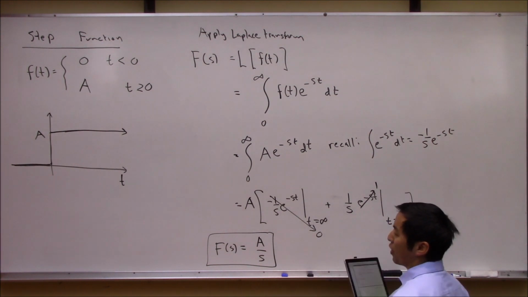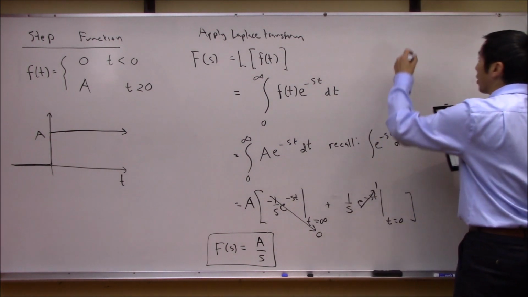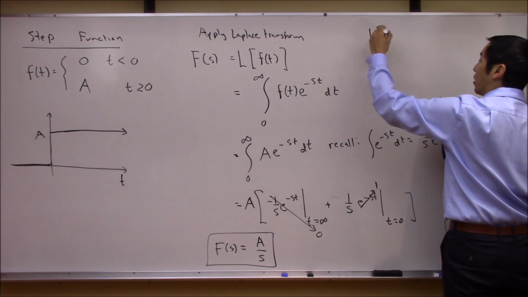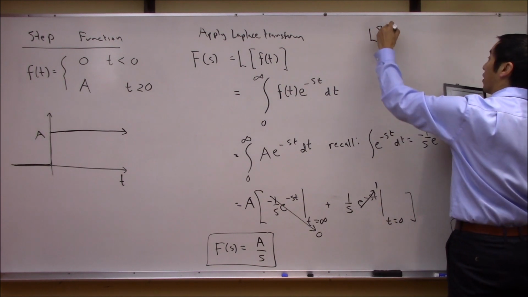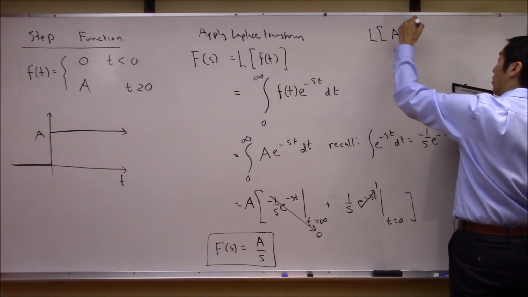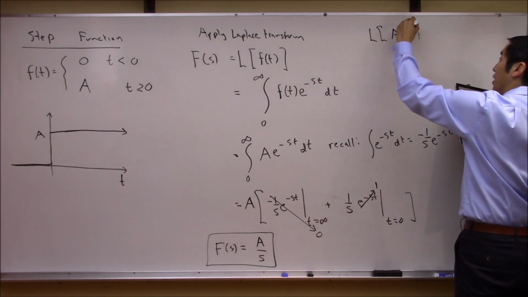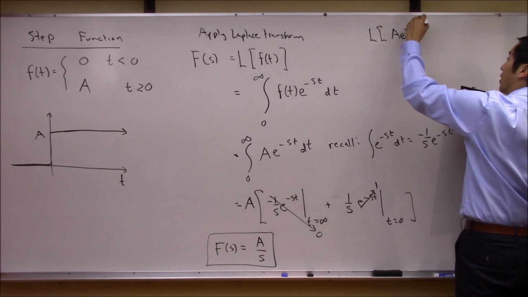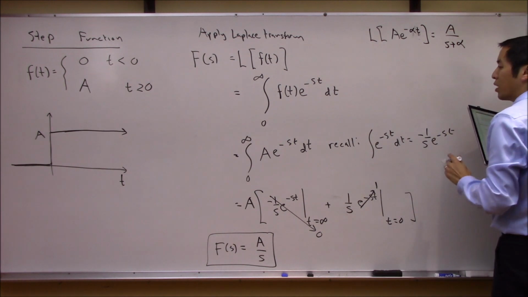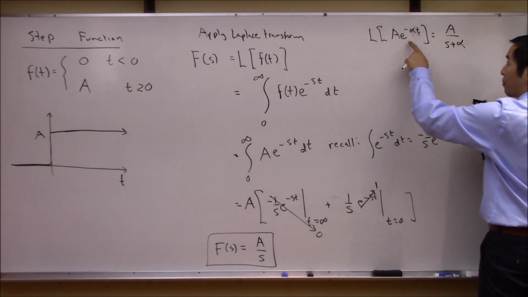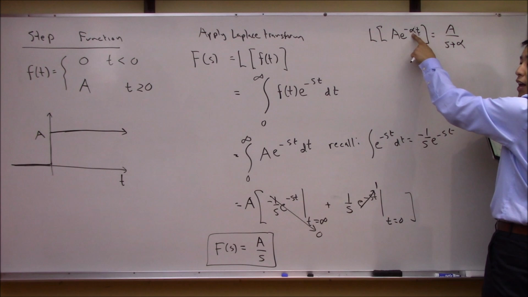The other way you could think about this is, if you remember earlier, we showed that the Laplace transform of an exponential function, a e to the minus alpha t, was a over s plus alpha. Well, a step function is basically an exponential function when alpha is 0.